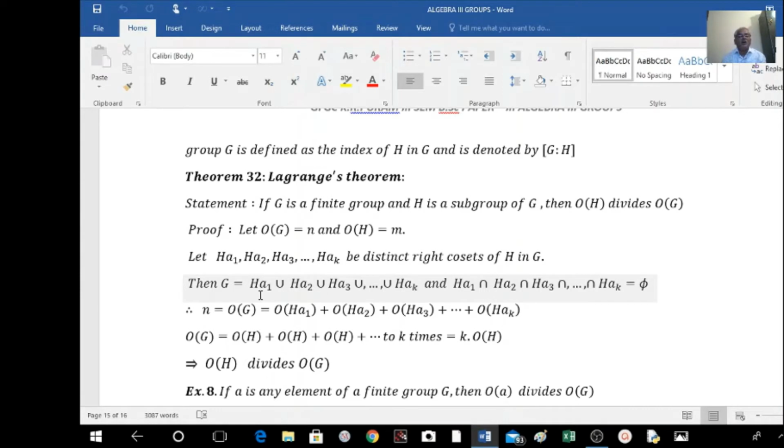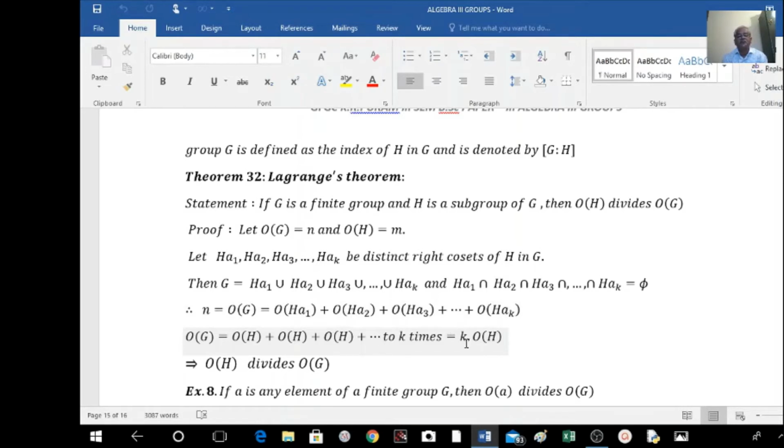And we know that the order of Ha1 is the same as the order of H, since H and Ha consist of the same number of elements. So order of Ha1 equals order of H, order of Ha2 equals order of H, order of Ha3 equals order of H, and order of Hak also equals order of H. Totally, on the right side we have order of H plus order of H, up to k times.